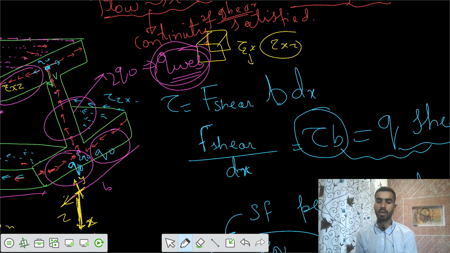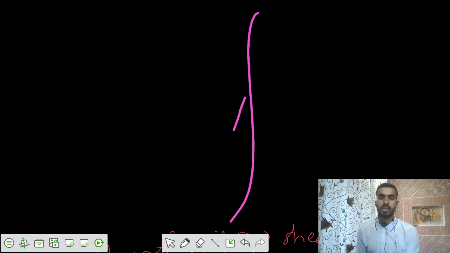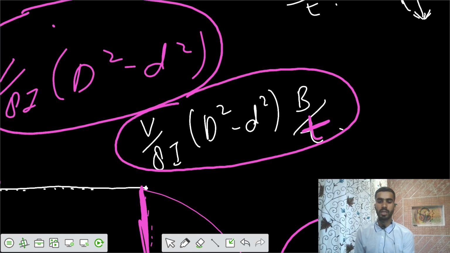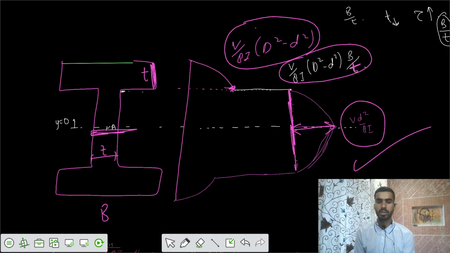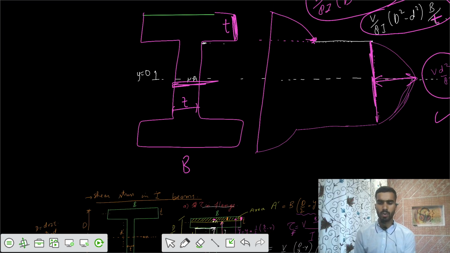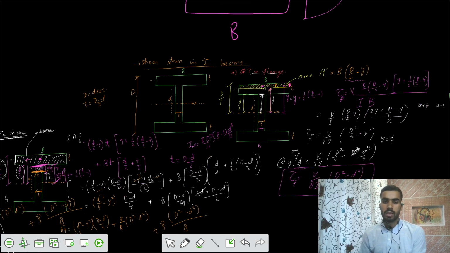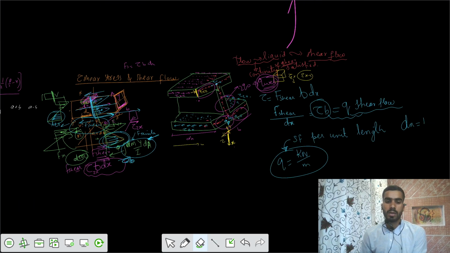We want to check that out now. Based on this derivation, this distribution, this variation of shear stresses, we want to check now whether that continuity is satisfied or not.